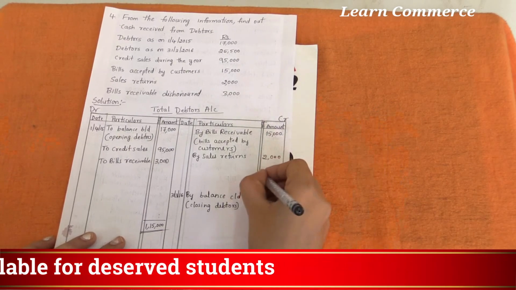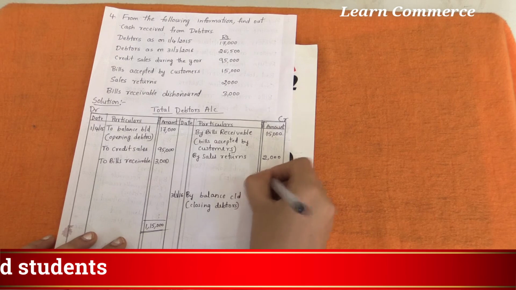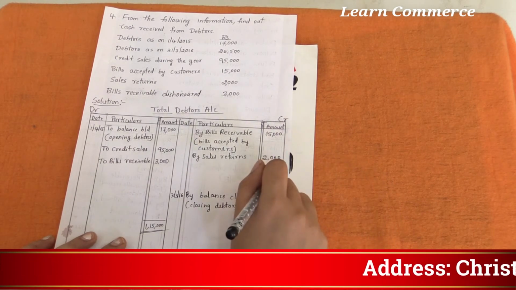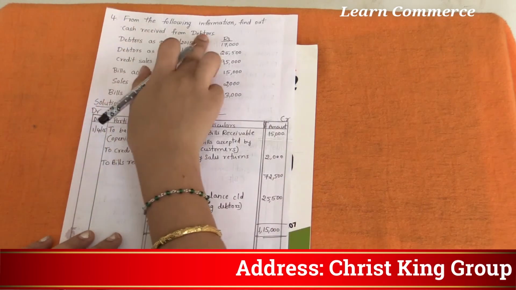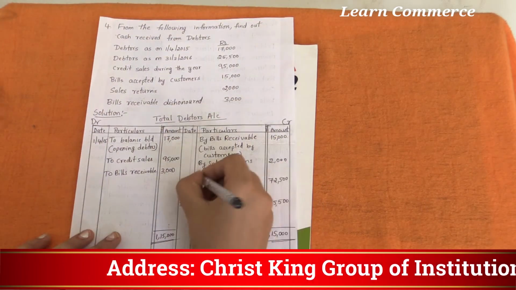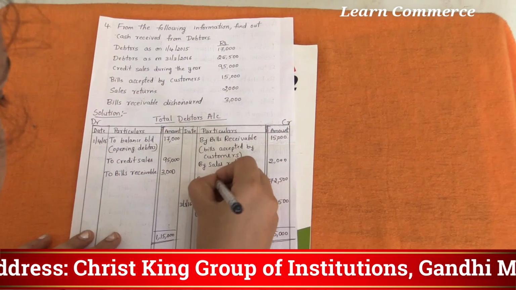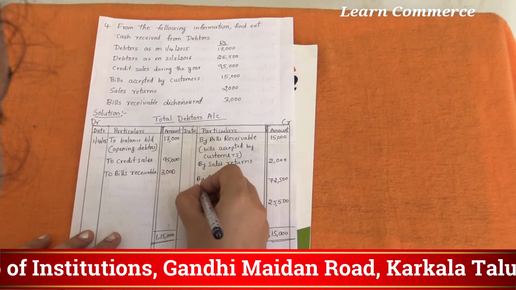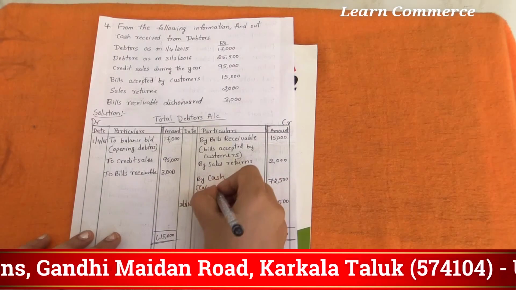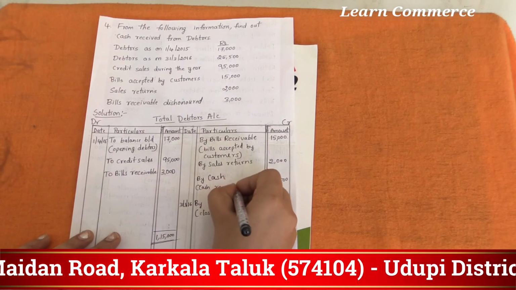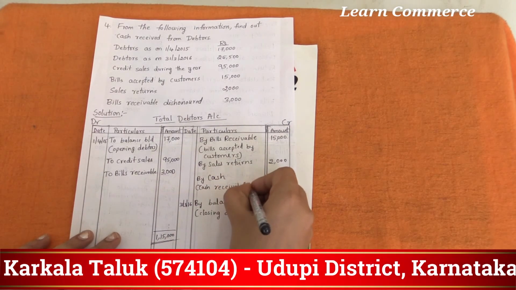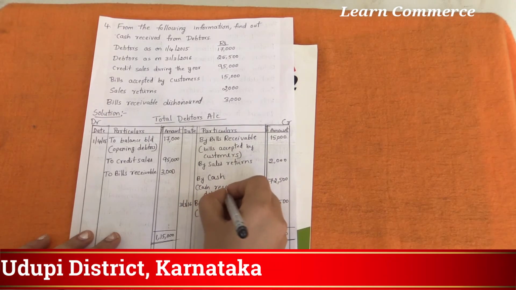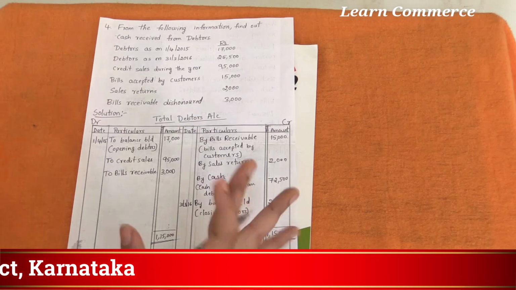You can get the balance 72,500. This is nothing but cash received from debtors. So write here by cash, in bracket cash received from debtors. Okay, this is the fourth problem and solution.